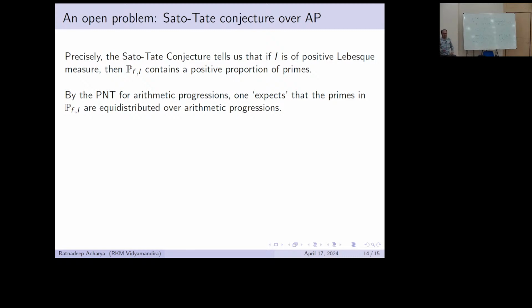In that case, this density is 0. So if you look into the second result of ours, we require C to be positive. So at least we can say that our result fails to prove this, but that might be true.